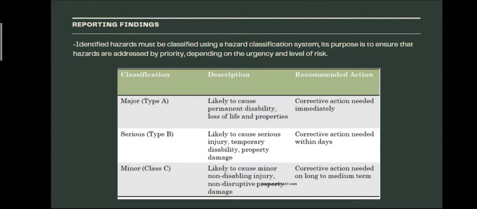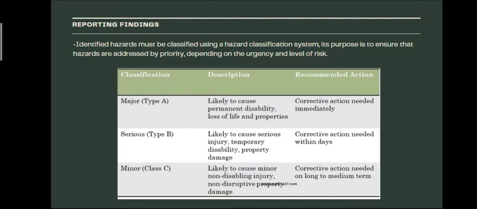For the classification serious hazard, or type B, its description states that this hazard is likely to cause serious injury, temporary disability, or property damage. Recommended action is corrective action needed within days.